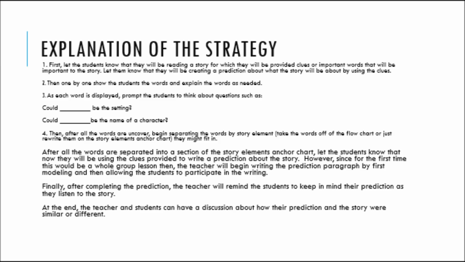Finally, after completing the prediction, the teacher will remind the students to keep in mind their prediction as they listen to the story. At the end, the teacher and the students can have a discussion about how their prediction and the story were similar or different.